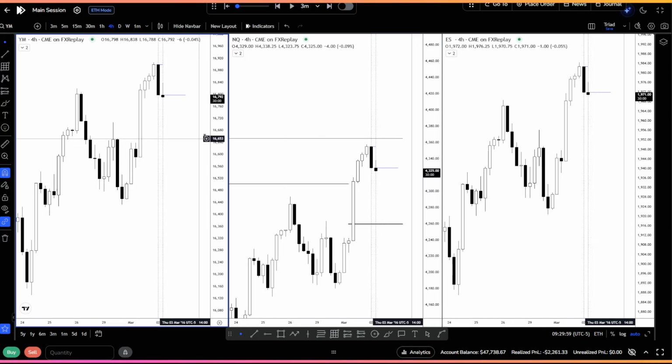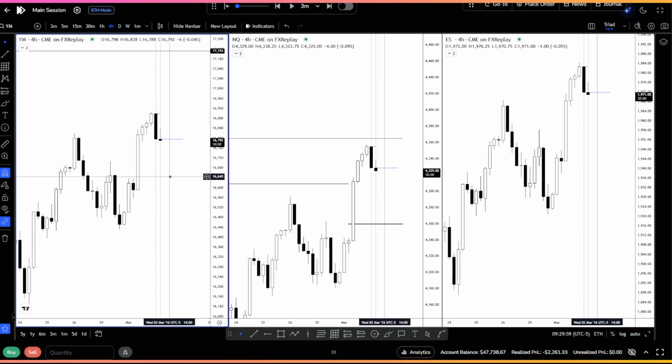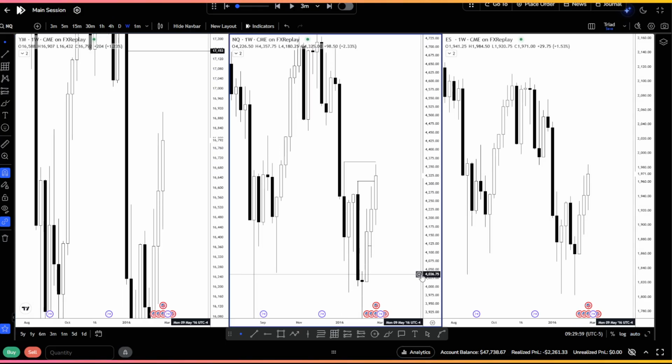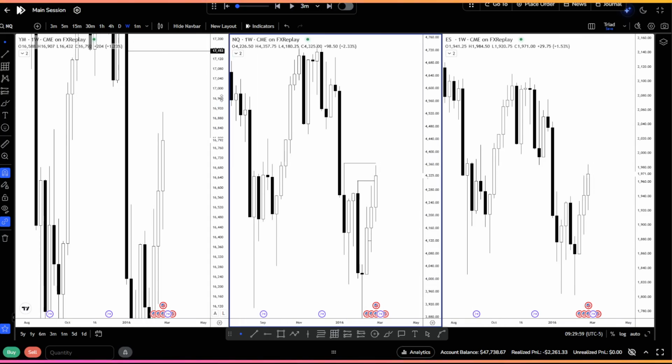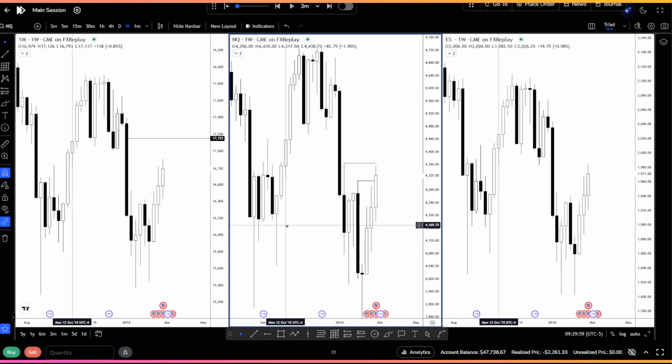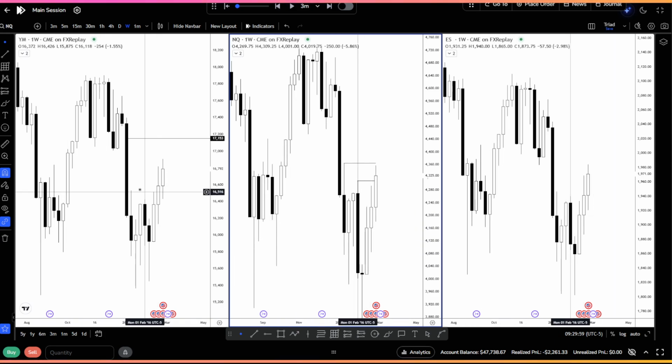So not really clean daily profile though, but on weekly we are expanding well, and now I definitely want this fair value gap to get tapped. I've been waiting for that fair value gap to get tapped since 2 weeks now.